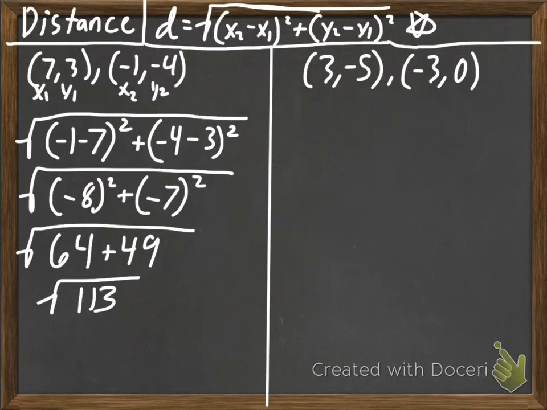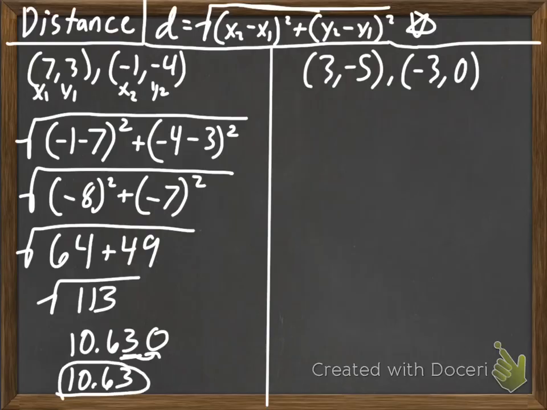And let's go ahead and round our decimals to the hundredths place. So we're going to round to the hundredths, so 2 places, and we get 10.630. Hundredths is the second, so we look at the 0. 0 means it's going to stay the same, so we get 10.63 as our answer.